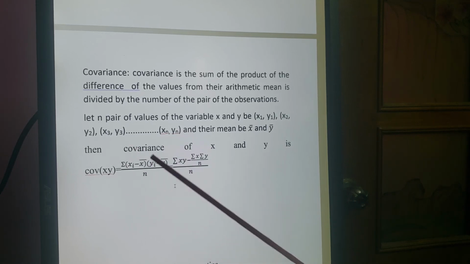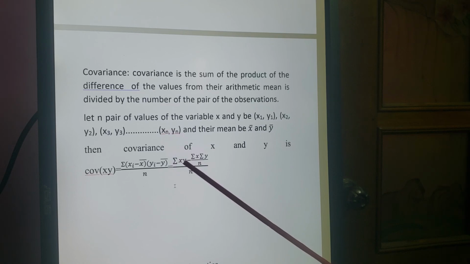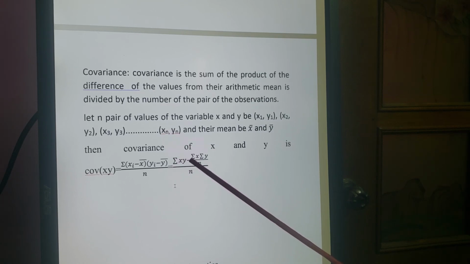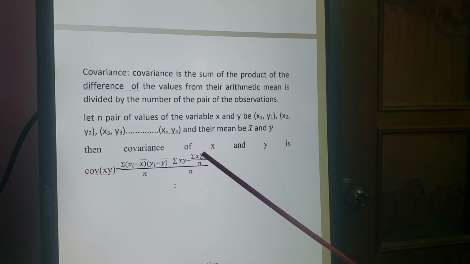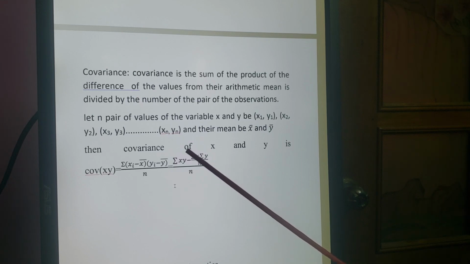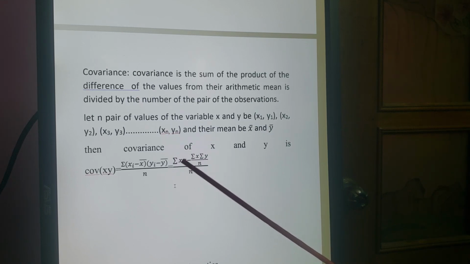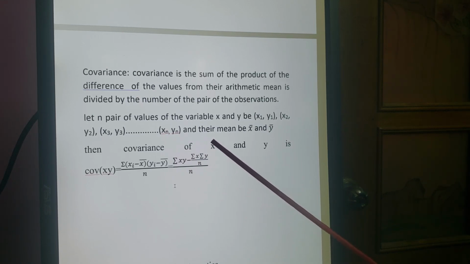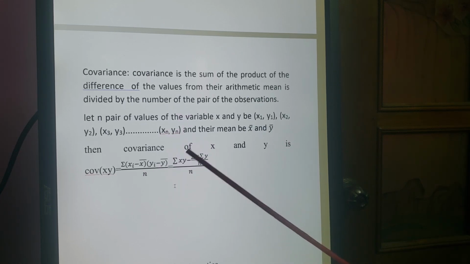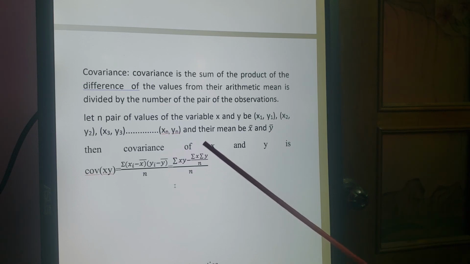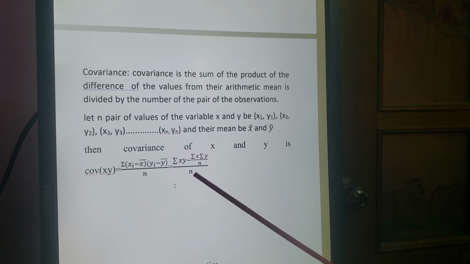If we simplify it, then you will get summation of xy, that is sum of the product of xy, minus summation of x into summation of y divided by n, and the whole divided by n. That is, the numerator is summation xy minus summation x summation y by n, divided by n.